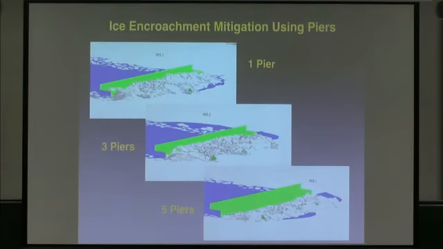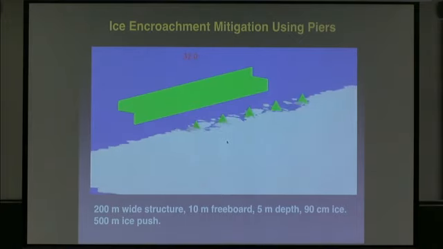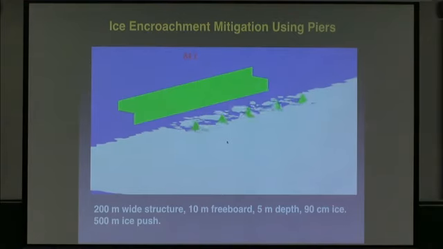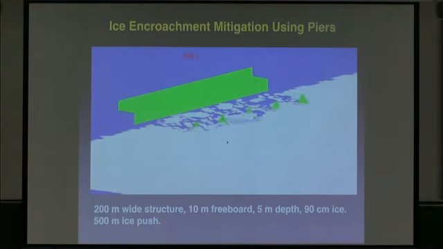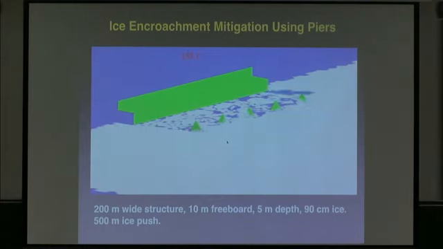This is just a comparison. At the top is 1 pier, 3 piers, 5 piers. You can see the variation. It's pretty systematic: significant encroachment, a little bit, none. You can see there's very little intact ice even making it past the piers.